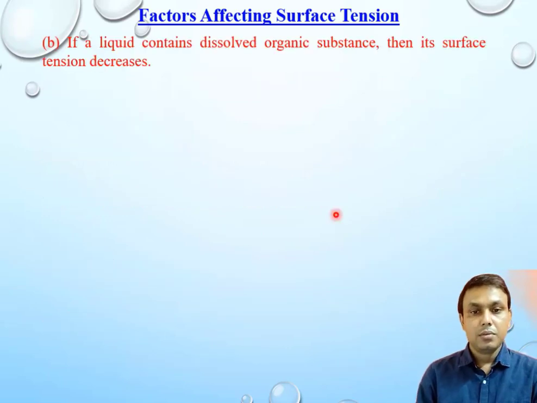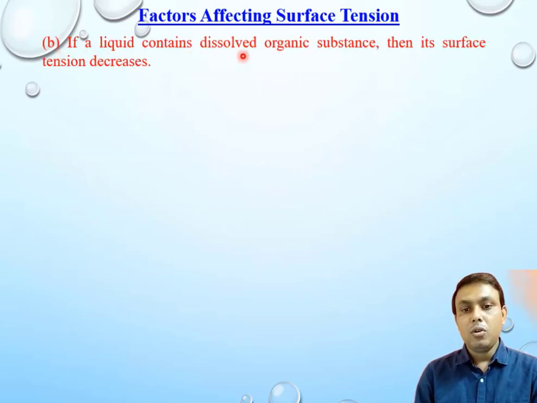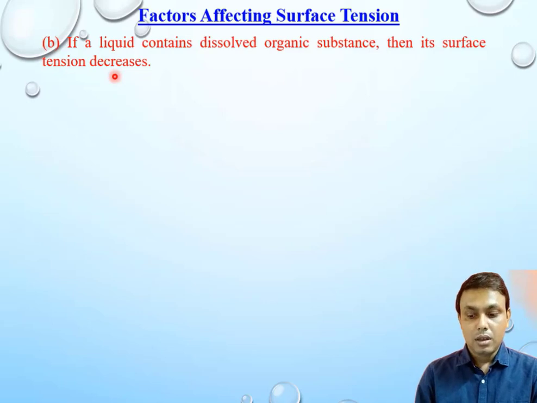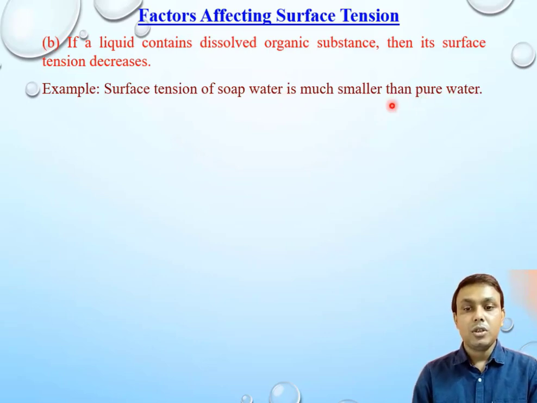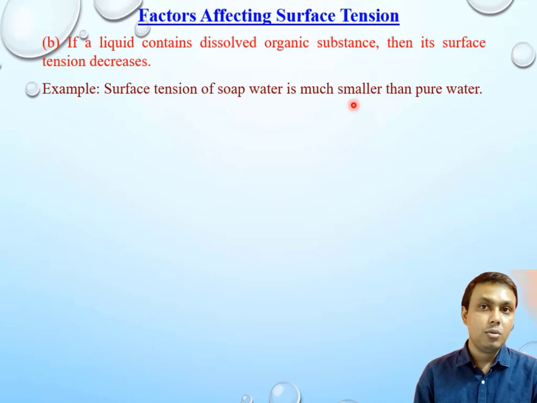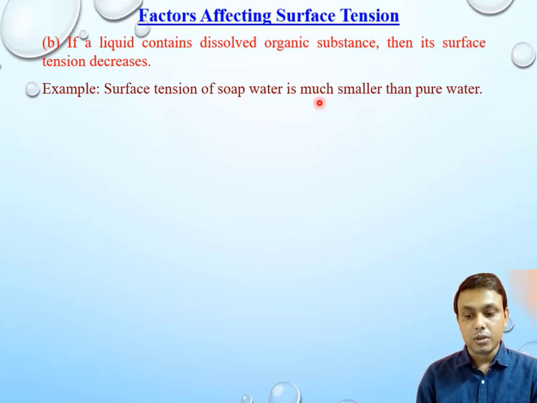Next, if a liquid contains dissolved organic substance, then its surface tension decreases. For example, the surface tension of soap water is much smaller than pure water. The surface tension of pure water is 72 dyne per centimeter, whereas in case of soap water it becomes 30 dyne per centimeter.